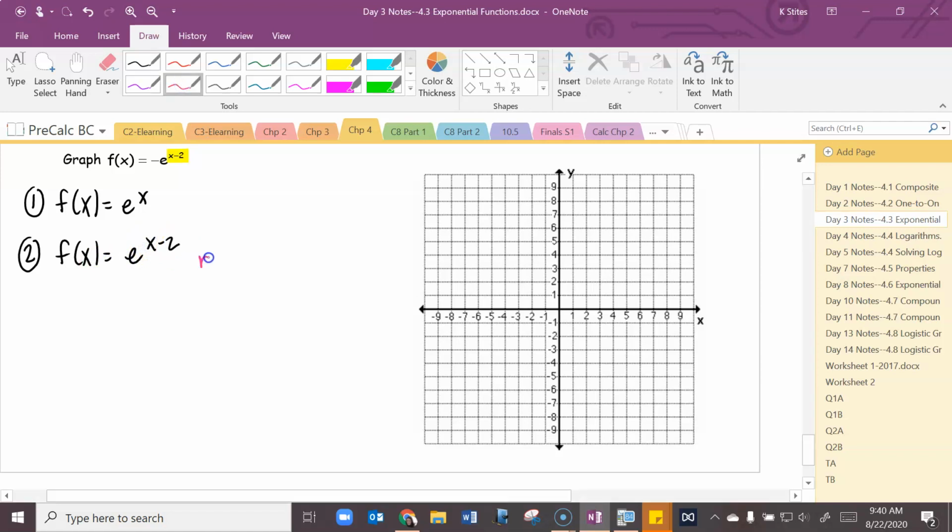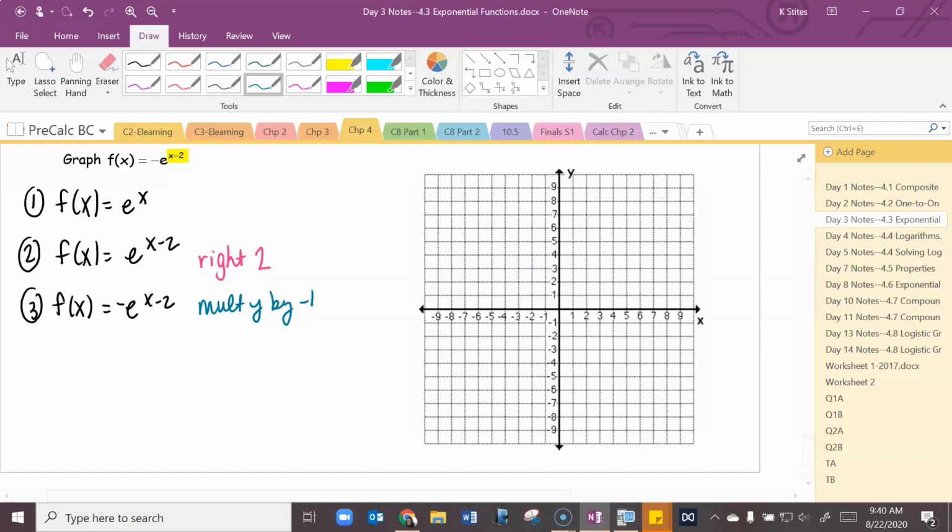So that would be a right 2. Okay, and then we have this negative out front. That is multiplying your y by -1. Multiply your y by -1, which means we are reflecting over the x-axis.